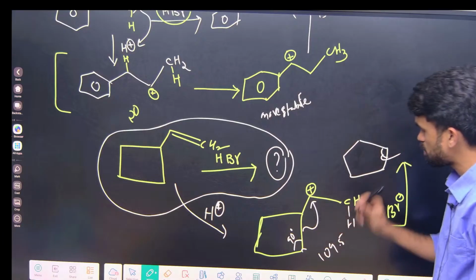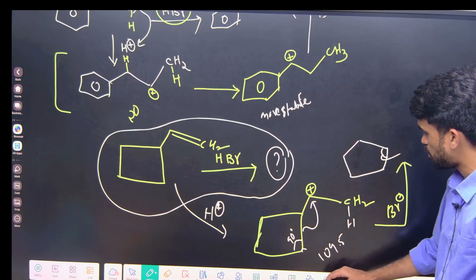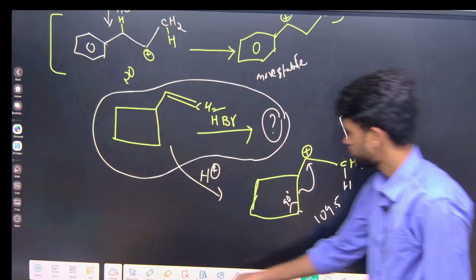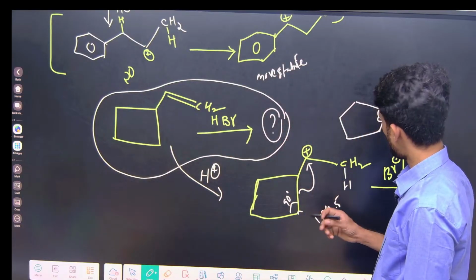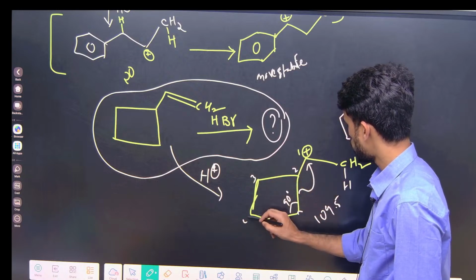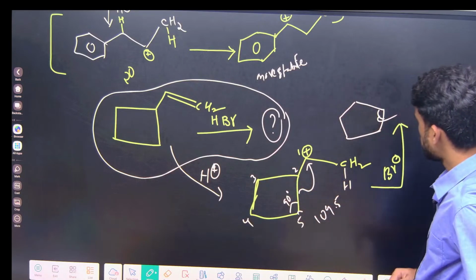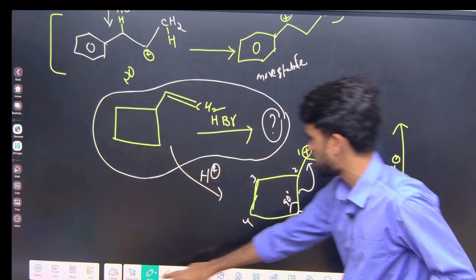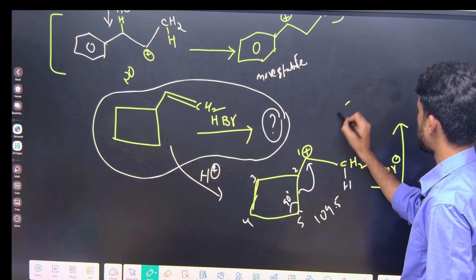So when it is expanding, just check where we get the positive charge. See, 1, 2, 3, 4, 5, I am writing. So you got a 5-membered ring. Whatever numbers we have given, write that 5-membered ring.